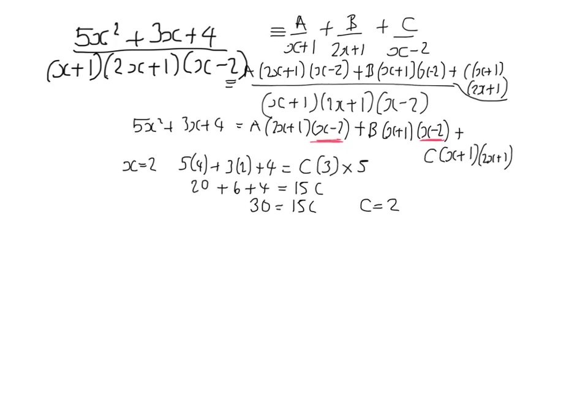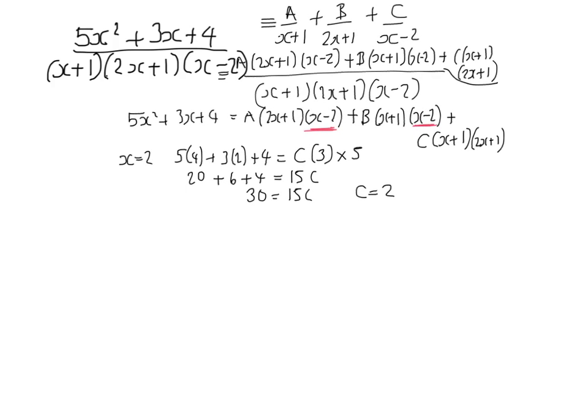Okay, let's make a bit of space here. So we've made one of the brackets equal to 0, so now let's make this one equal to 0. So that's x plus 1, so that makes also this one equal to 0. So we're going to say that this time x is minus 1. So if x is minus 1, on the left-hand side we've got 5 times minus 1 squared is 1, plus 3 lots of minus 1 plus 4.